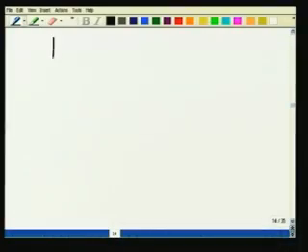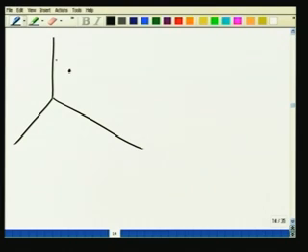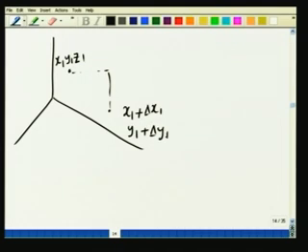Now, what do we do in the three-dimensional case? We again go back to our basic definition and see if I move from one point x 1, y 1, z 1 to a nearby point, let me call it x 1 plus delta x 1, y 1 plus delta y 1 and z 1 plus delta z 1.